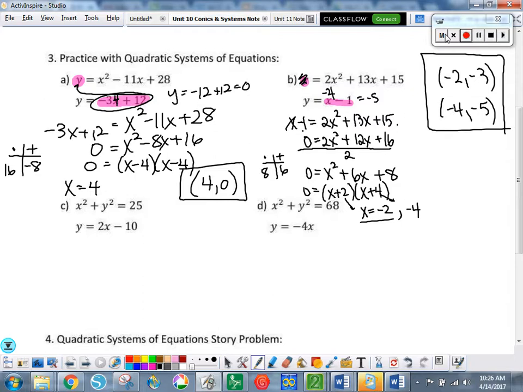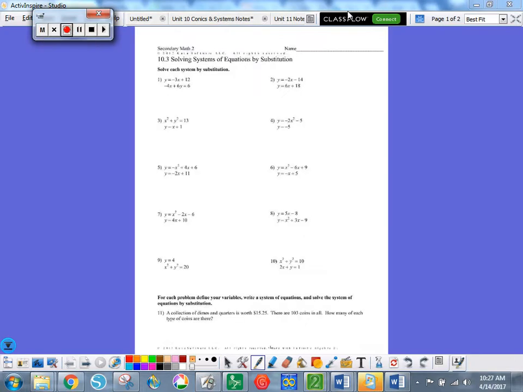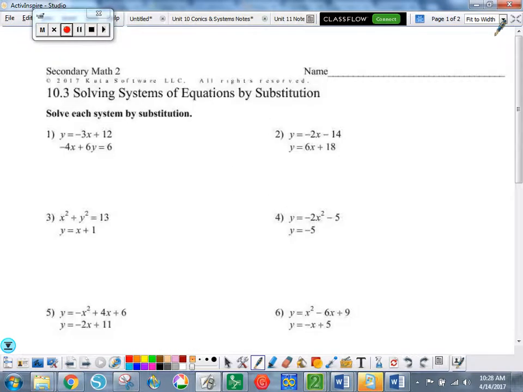I'm going to pause this for a second. So try number 1. Number 1, are you going to have to do the quadratic anything? No. In fact, let me look at my answer key really quick to see if we need the quadratic formula anywhere. Yep, we do.